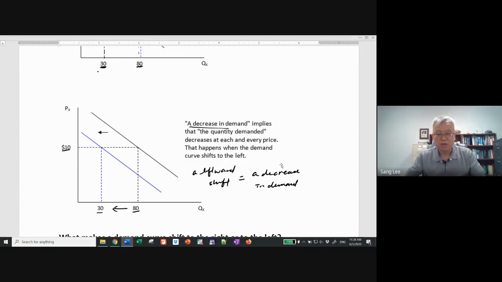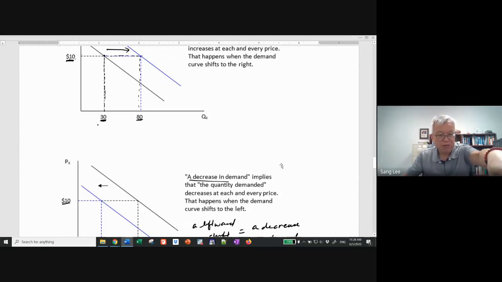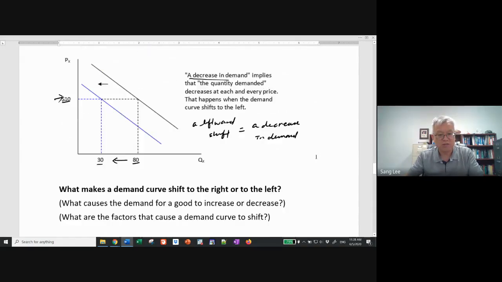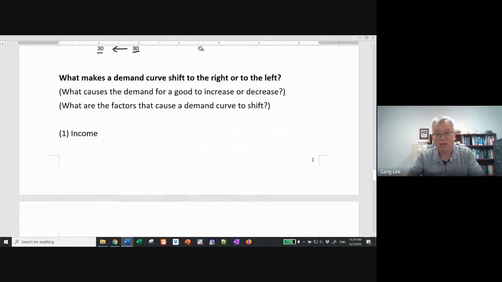In both figures, the price remains the same at $10. So there's no change in price. Price is not a cause of any shift in the demand curve. Something else is causing the demand curve to shift to the right or to the left. That's exactly what we are talking about. What are those factors that cause a demand curve to shift? First one is income. Well, use your common sense.